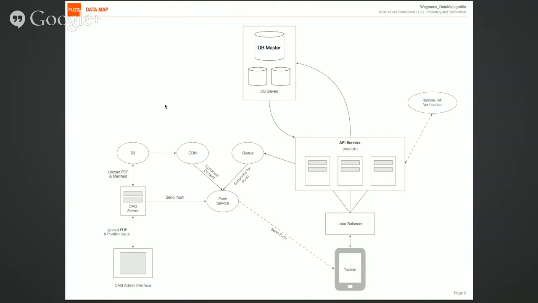And using a CMS that shepherds the content into there and initiates the push actions. These are the typical tablet, iPad and Android tablet newsstand applications that you will see, where you essentially have a digital magazine subscription. And the way that we manage the content is more or less this.